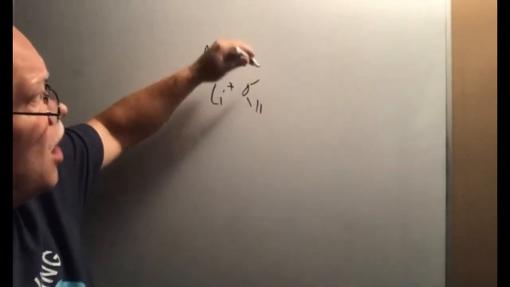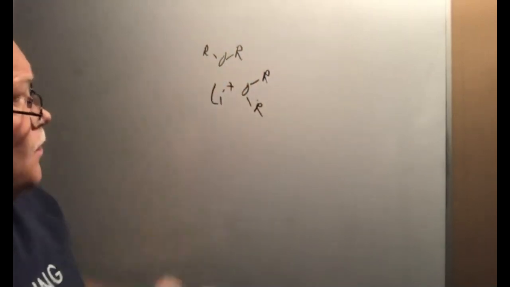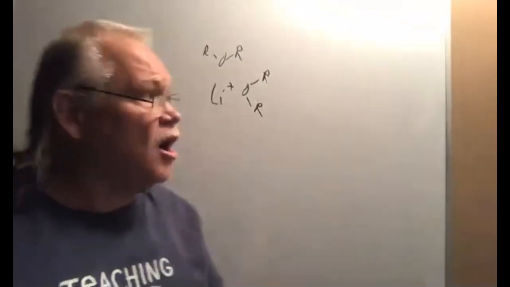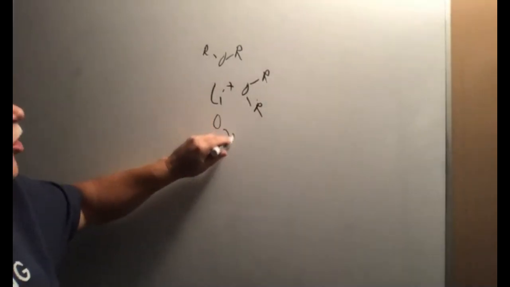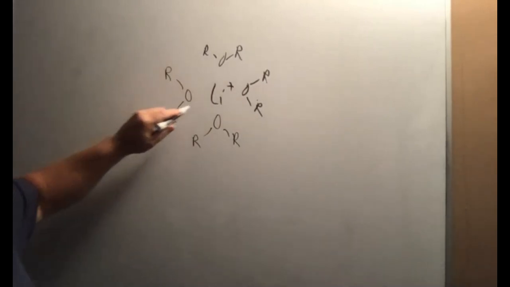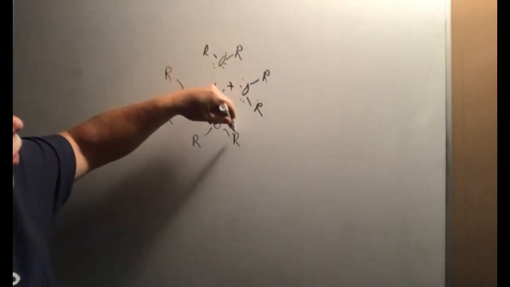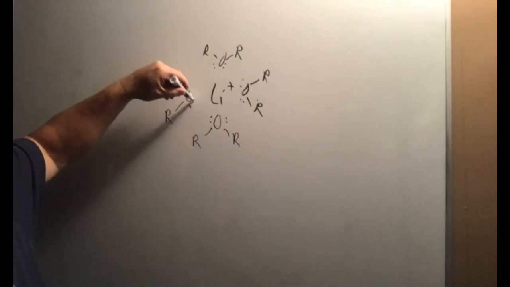Ethers will solubilize ions, okay? They will solubilize ions. So certain ions will be soluble in ether solution because this same type of thing occurs. Notice it's the oxygen end that points toward the lithium because the oxygen is the one that's donating the electron pairs.